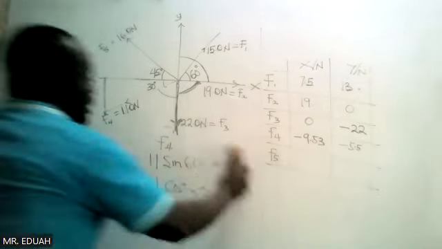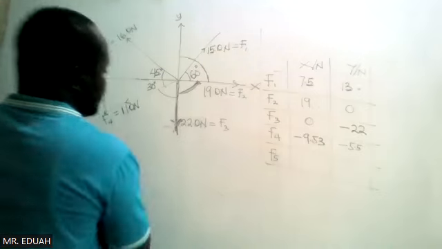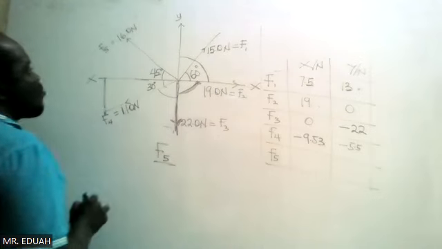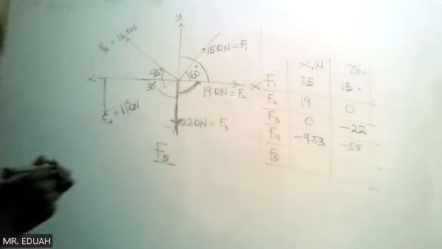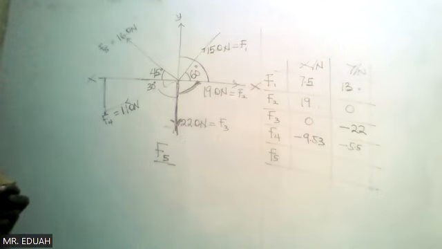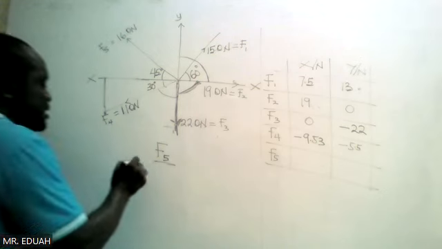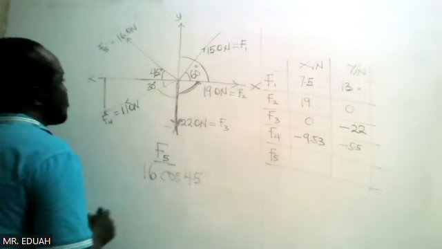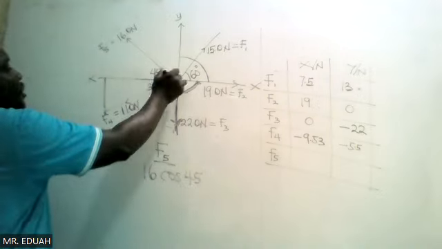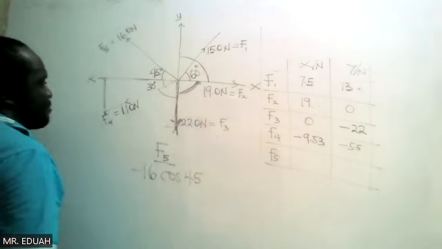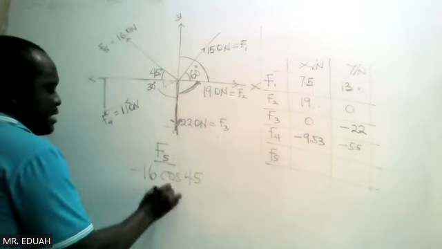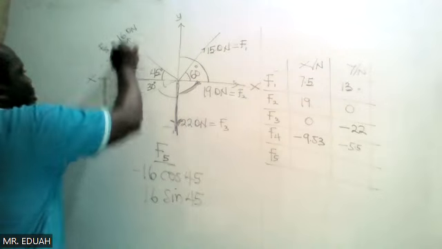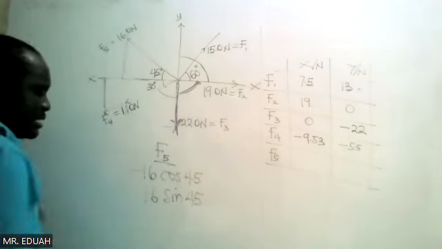Yes, please. F5. The angle it makes with the x is 45. The y is also 45. So 16 cos 45. The x falls within the negative x, so minus. Then the vertical, 16 sine 45. The vertical would fall within the positive y, so that's it.